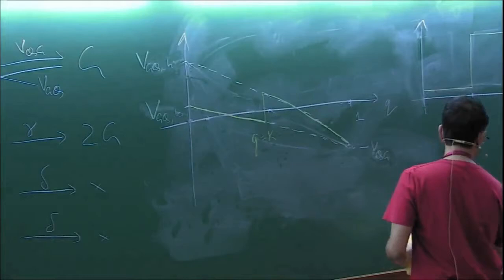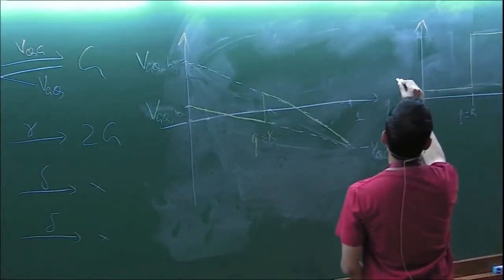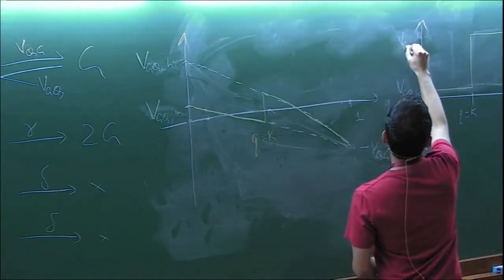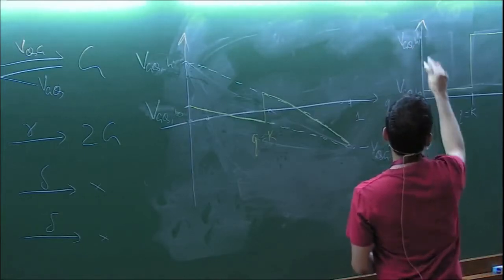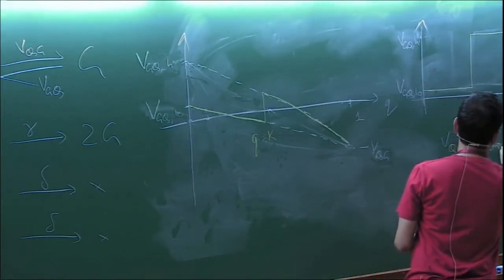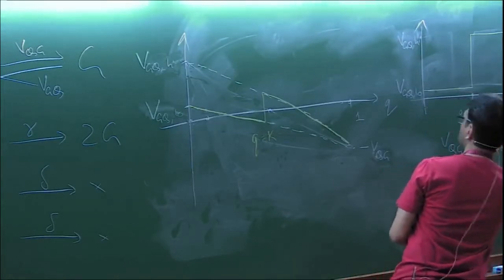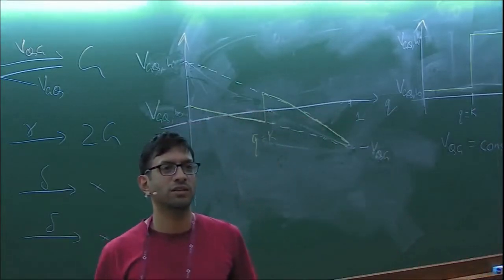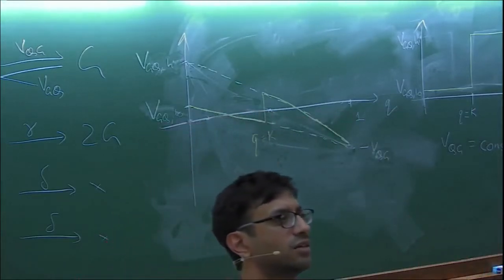What we are doing over here is having VGQ low, VGQ high, and VQG is some constant. We haven't really messed with that because that's always been the same. Thanks, Vidya. Does everybody follow this?